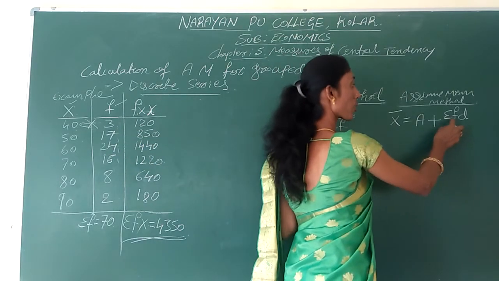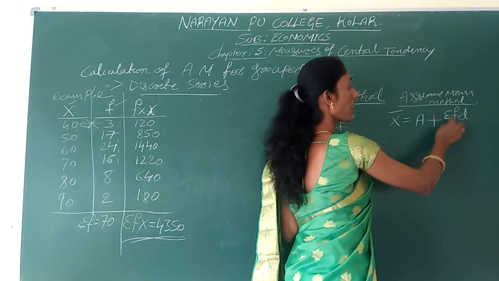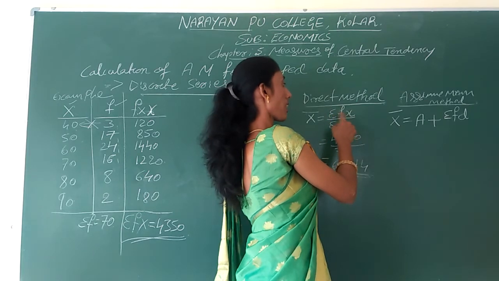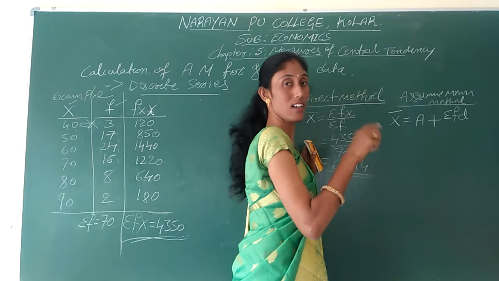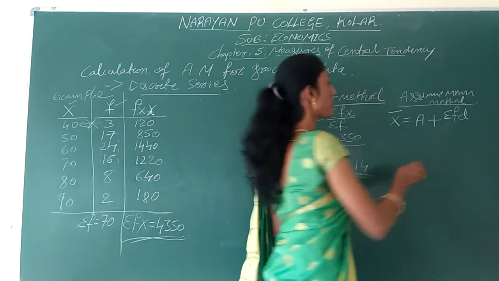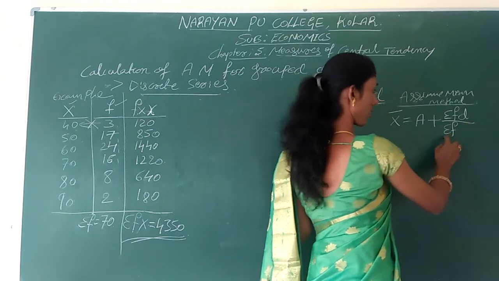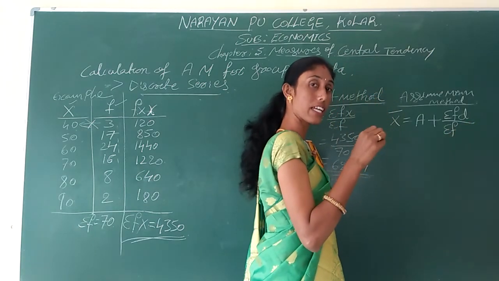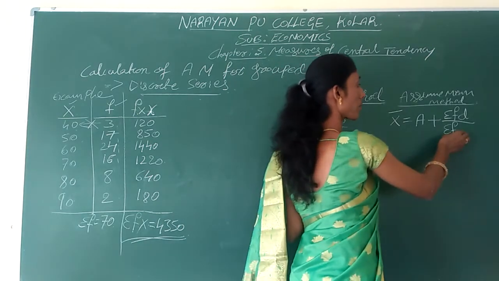That's why we add f in between with sigma d. In place of sigma x, we add f. Likewise, f is added in the discrete series. In place of sigma f, we can also use small n to indicate the sum of frequencies, but we can also write sigma f.